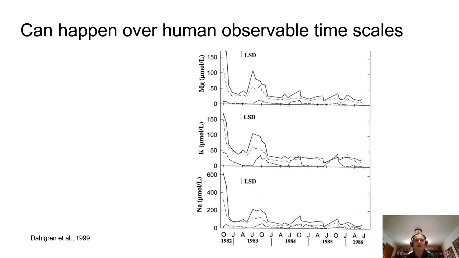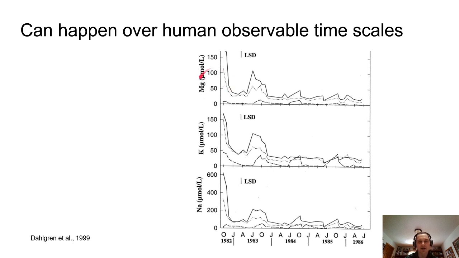And sometimes when we think about these weathering reactions, we think about them taking millions of years like the Hawaiian chronosequence, but they can actually happen quite a bit faster. So this is data from the Mount St. Helens eruption, looking at ash and tephra from the eruption and at the leaching of magnesium, potassium, and sodium out of that ash plume once it had settled nearby.